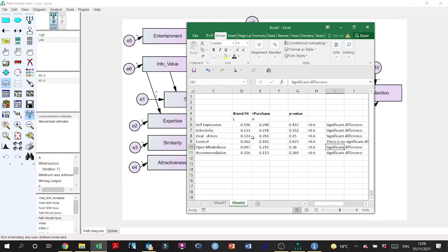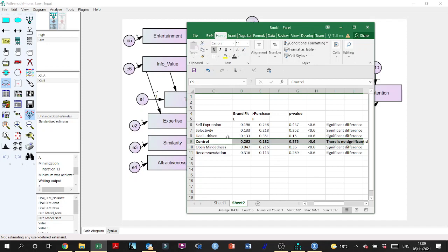So it means that for the brand fit on purchase intention, for control as a characteristic, the likeness or favorableness of control on the millennials has no significant impact. If you are a high control or low control freak, it has no influence on your perception of the brand fit and its impact on purchase intention.